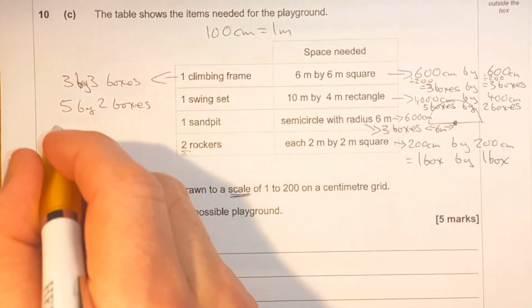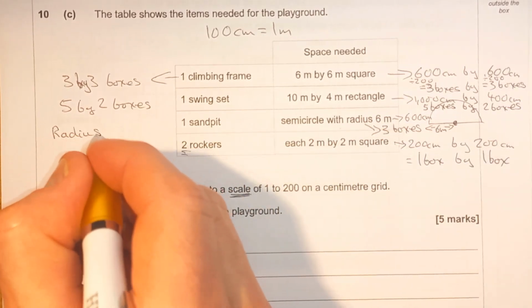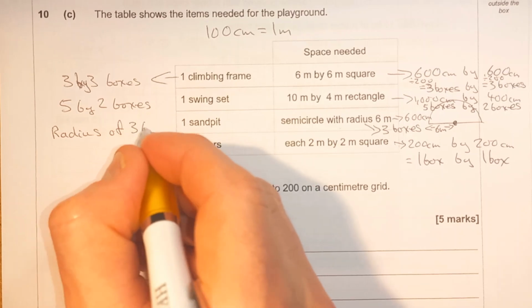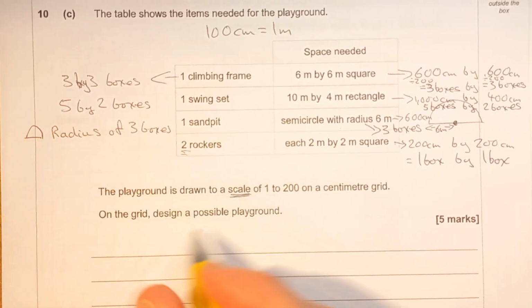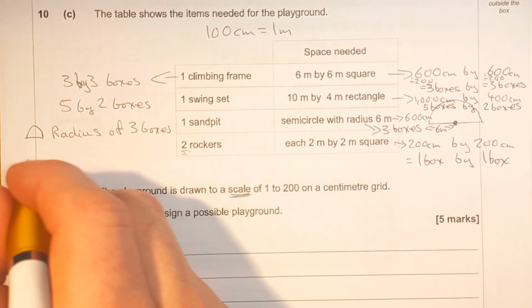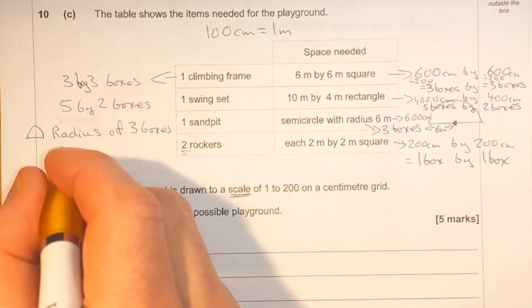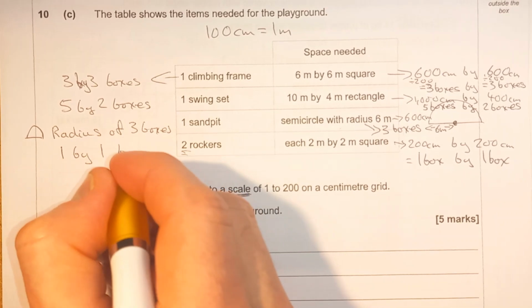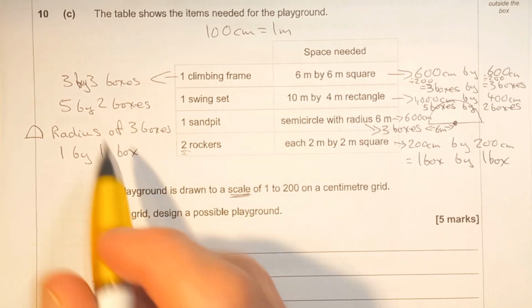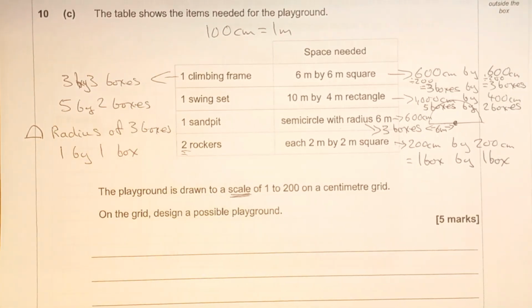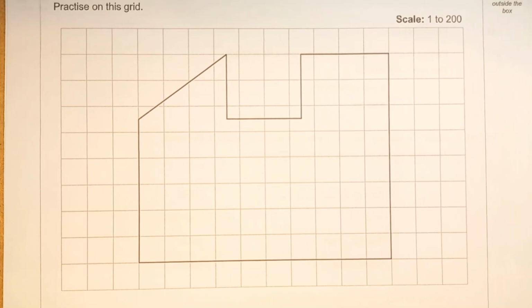We've got a radius of 3 boxes, and that's a semicircle. And then we've got 1 by 1 box. So let's go with the biggest one, which is probably going to be this 5 by 2 boxes. Right, so where can we put that?